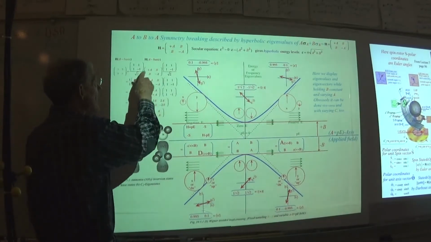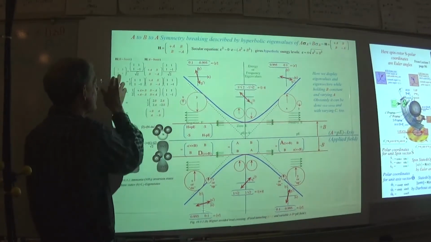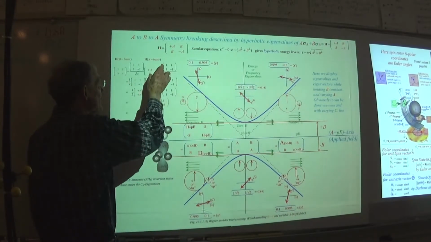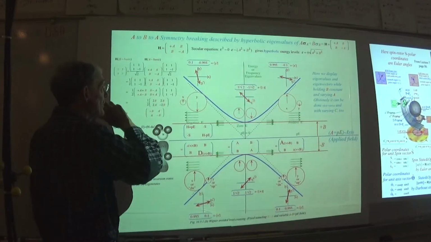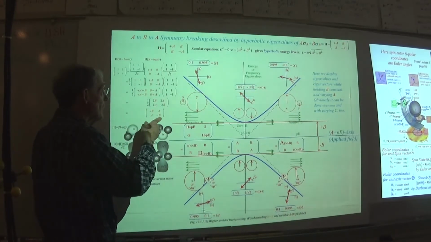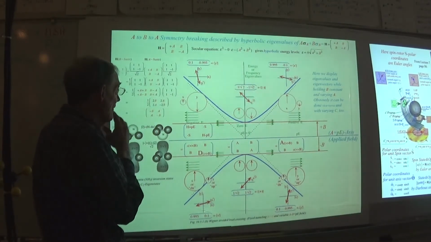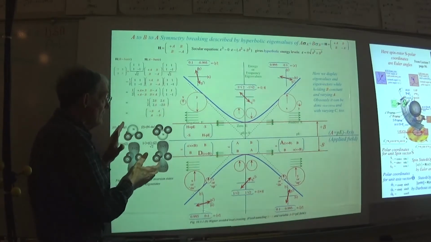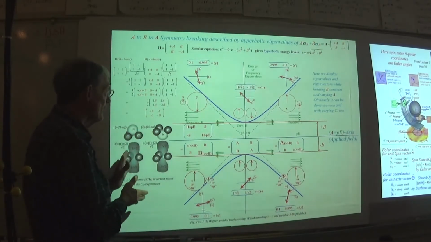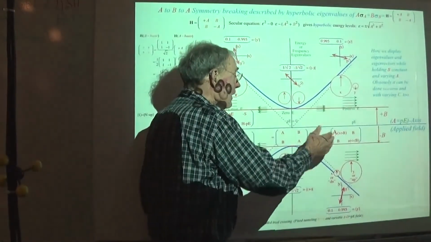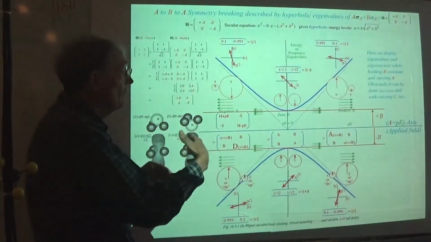So what this transformation does, and this is question marks, there's the answer. It takes the B's and replaces the A's, and the A's are replaced by B. Okay, so we used to have plus A and minus A, now plus B and minus B.